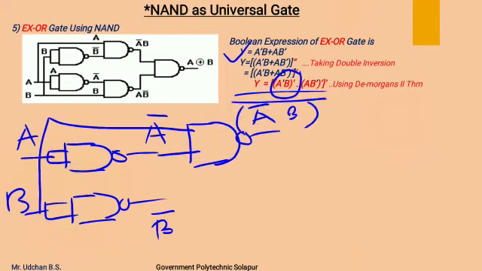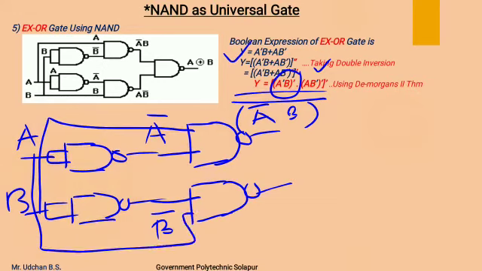Now I can get this term, that is a b complement and its complement, using a fourth NAND gate. I will connect this b complement to this and this a to this, which will give you a into b complement and its complement.